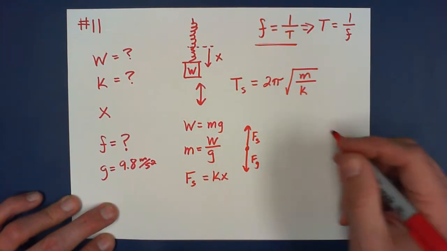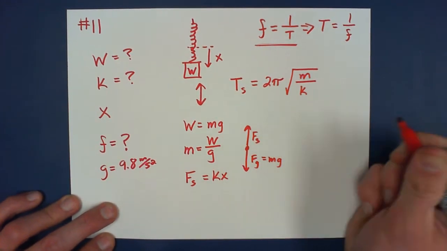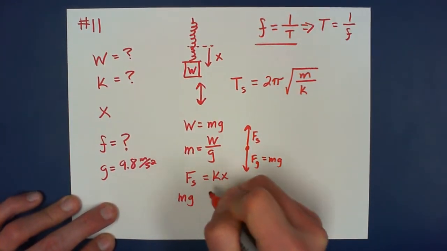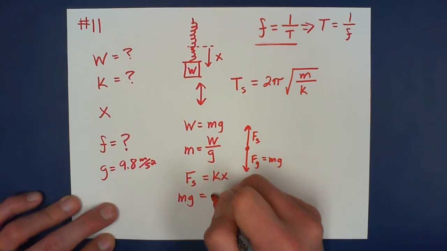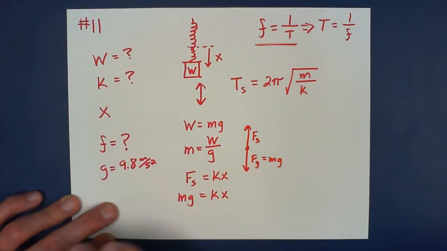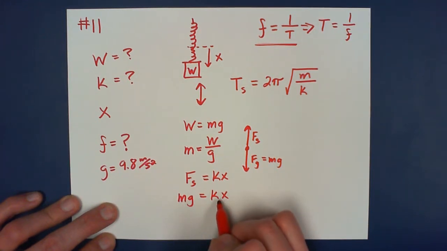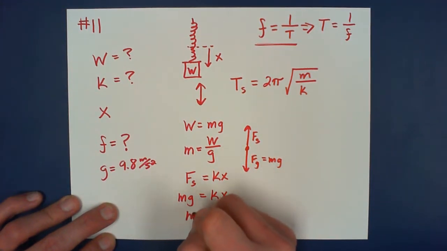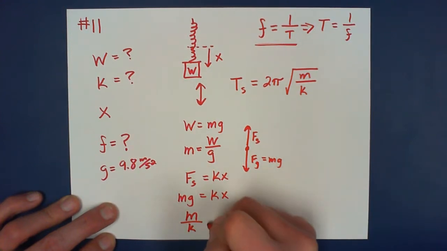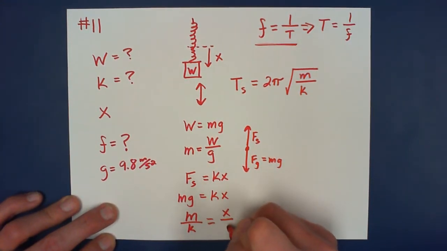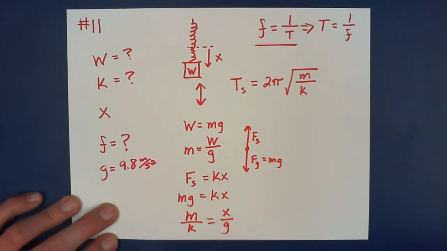So at this point, the spring force is equal to mg. So mg is going to be equal to kx. What's interesting here is you can actually take k over to the other side. We get m over k, and that's going to be equal to x over g.